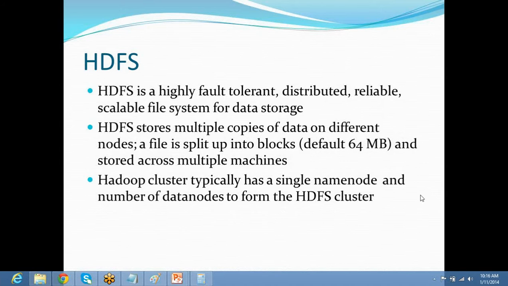Waiting for one more question. Okay, from Guru Prasad. Yes. So Anish, basically the data would be stored in slave machines, and the master will keep track of all the data which are stored across different machines connected to the master.